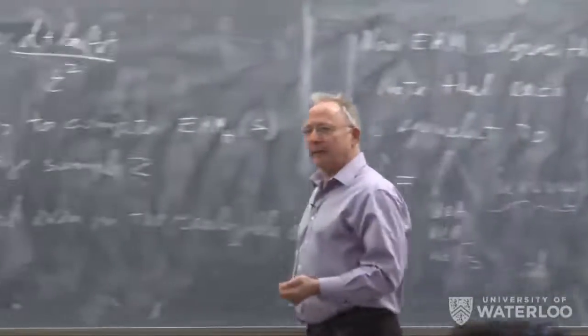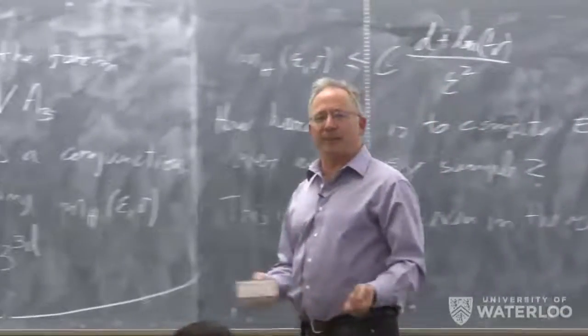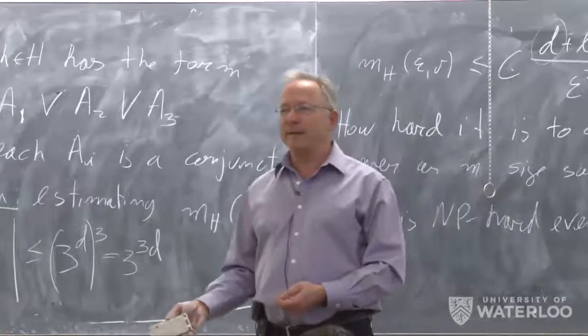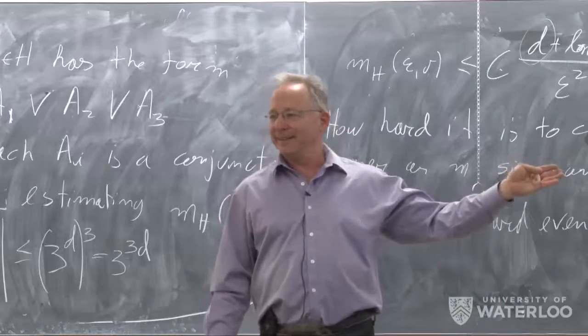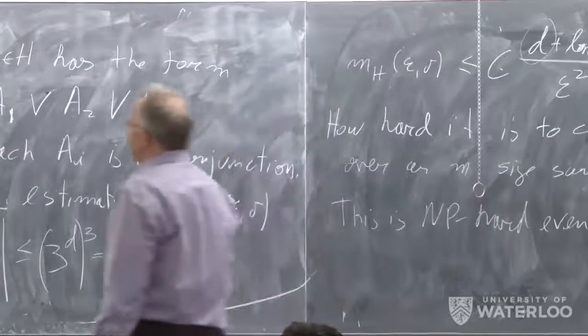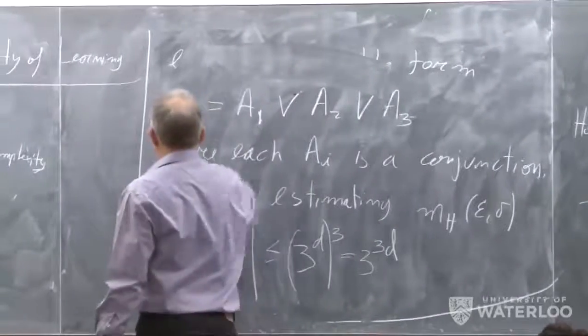So how could we have done this cheating? On one hand I tell you it's NP-hard. On the other hand I tell you it's just polynomial in 8d cubed.